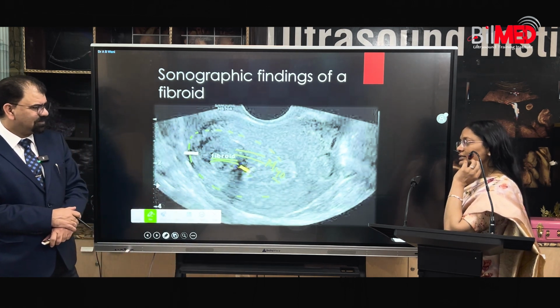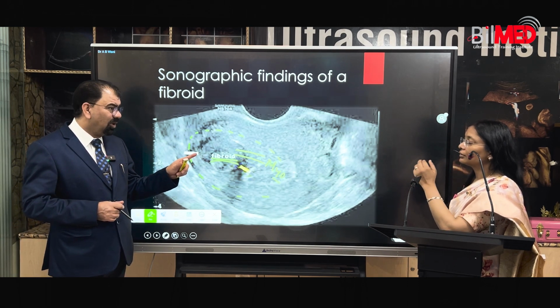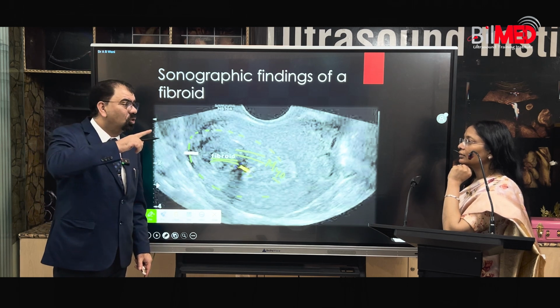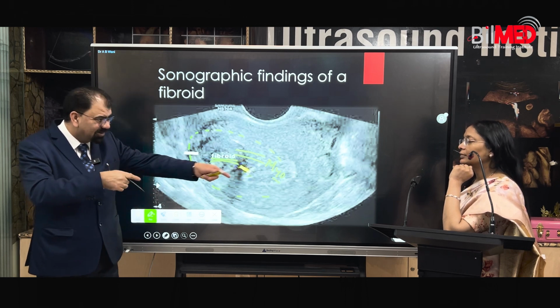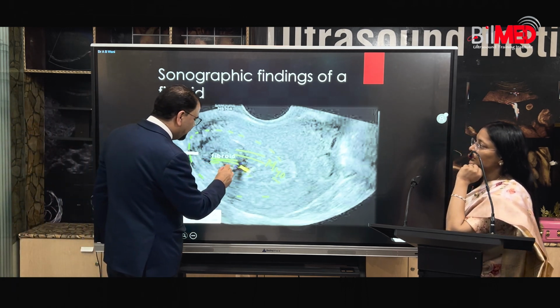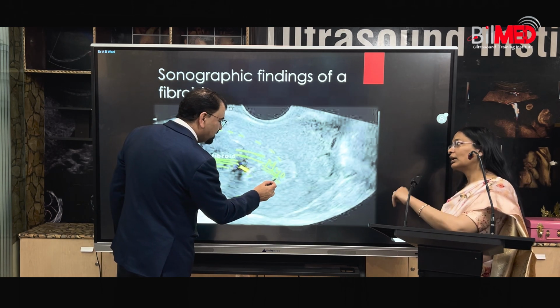Not because it is intramural, but because the fibroid is a derivative of myometrium. As is the Father, so will be the Son. So the echogenicity of the fibroid will be almost equal to the myometrium.